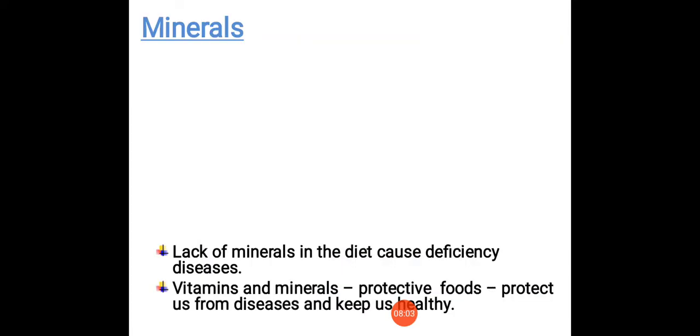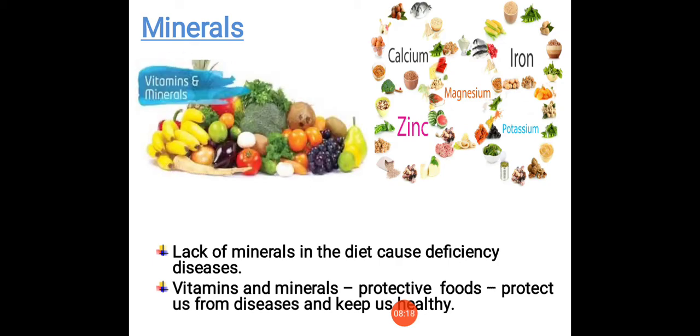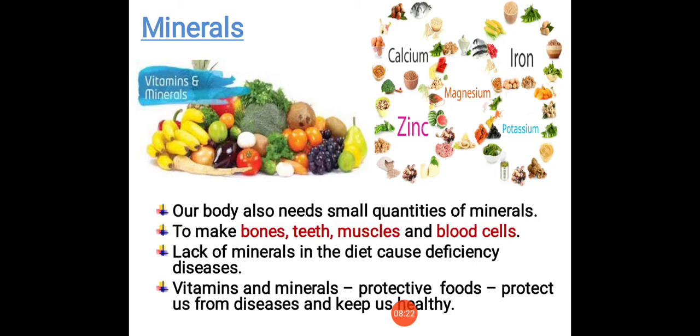The next nutrient is minerals. Our body also needs small quantities of some minerals to function properly and to make bones, teeth, muscles and blood cells. Vitamins and minerals are together known as protective foods because they protect us from diseases and help us to keep our body healthy.